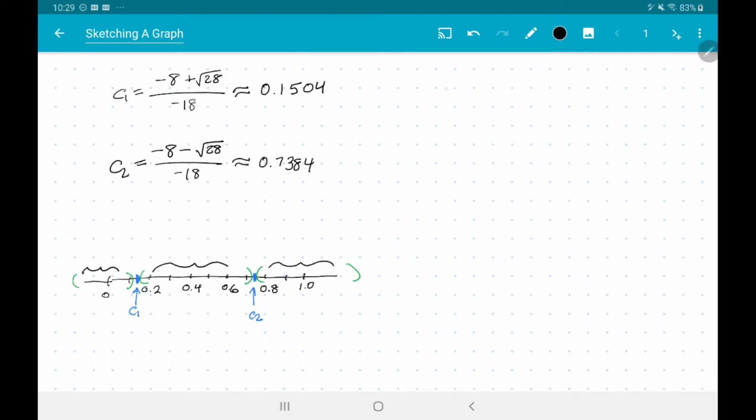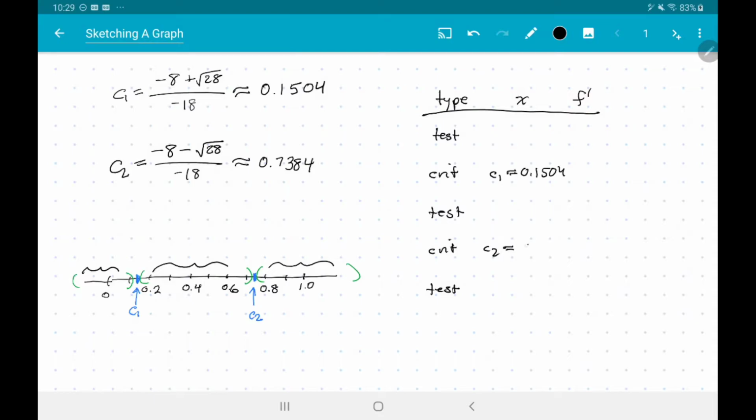I'll go over here and set up a table. I want increasing, decreasing information first, so I'll use values of f prime to determine that. We'll alternate between test numbers and critical numbers. So the critical numbers are there, and C2 is over here.